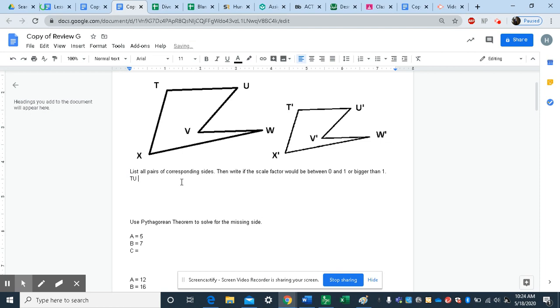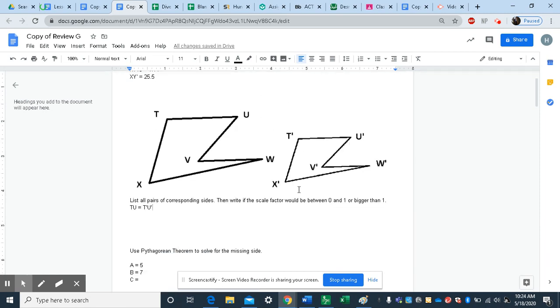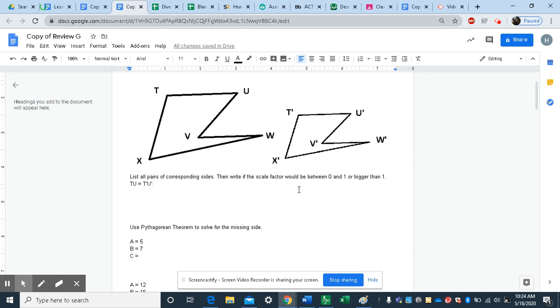TU corresponds to T prime U prime. It's in the same spot on both figures. We can use them as proportions if we already set them up like this. That's what we're referencing with corresponding sides.